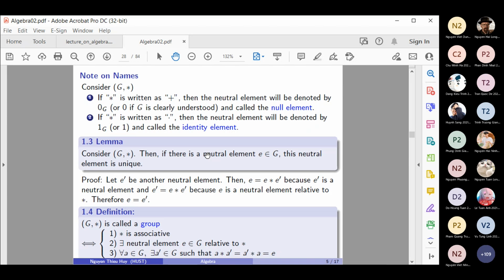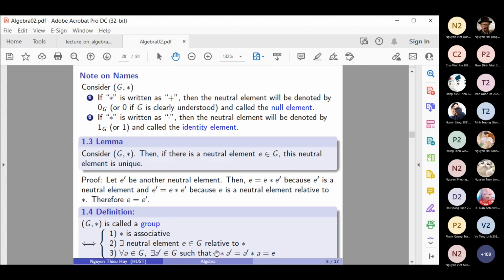And the third means that for all A in G, there exists A prime also in G, such that A star A prime equals A prime star A and equals this E, the neutral element. So we call this a group if and only if these three properties are satisfied. So pay attention here.